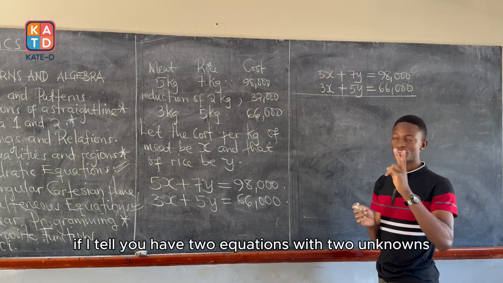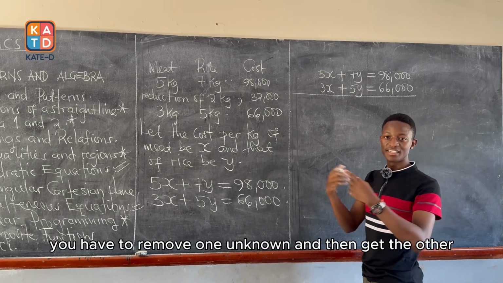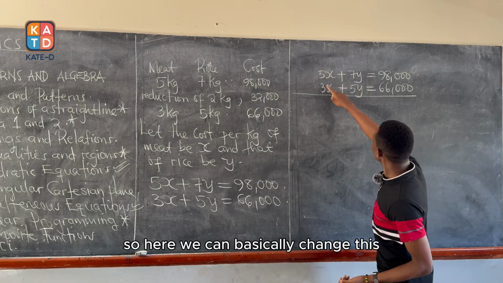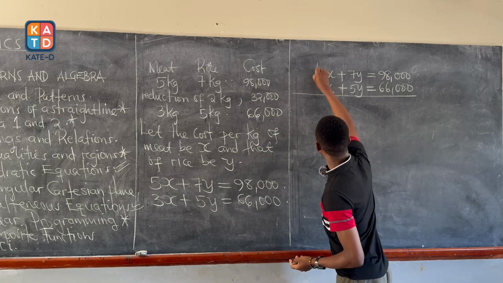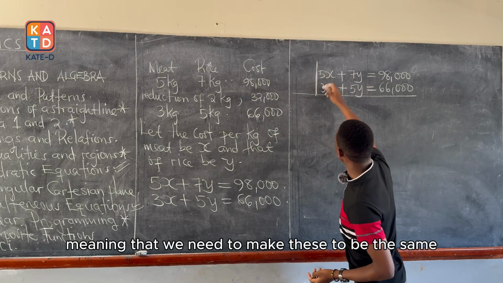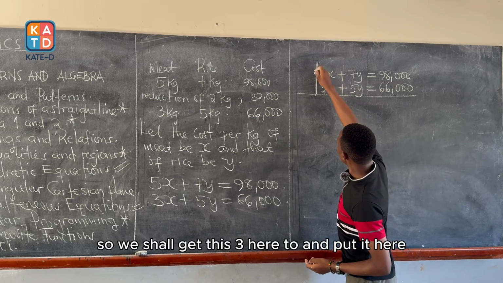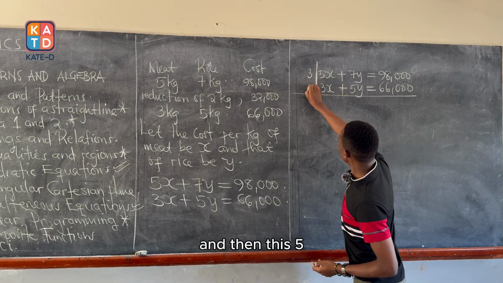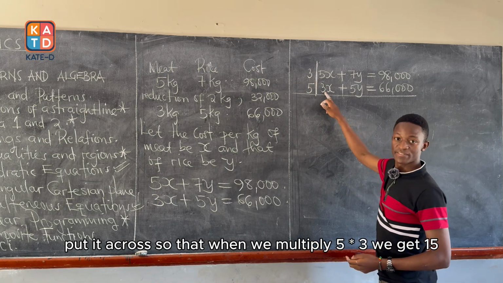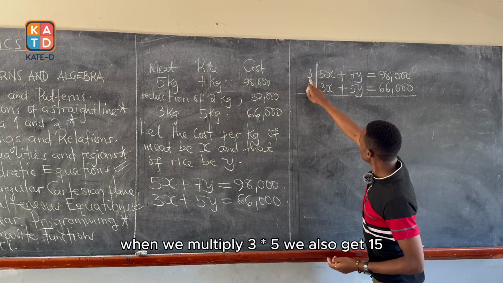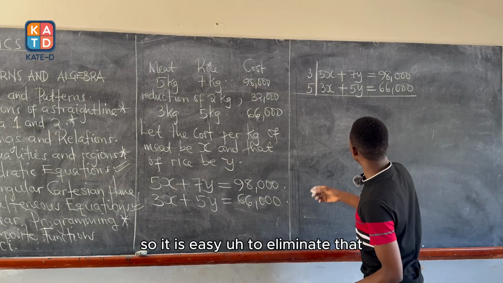If you have two equations with two unknowns, you have to remove one unknown and then get the other. So we want to eliminate x, meaning that we need to make these the same. So we shall get this 3 here and put it here, and then this 5 put it across, so that when we multiply 5 times 3, we get 15. When we multiply 3 times 5, we also get 15. So it is easy to eliminate that.